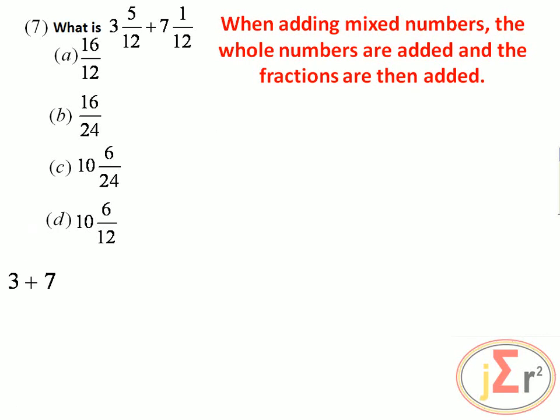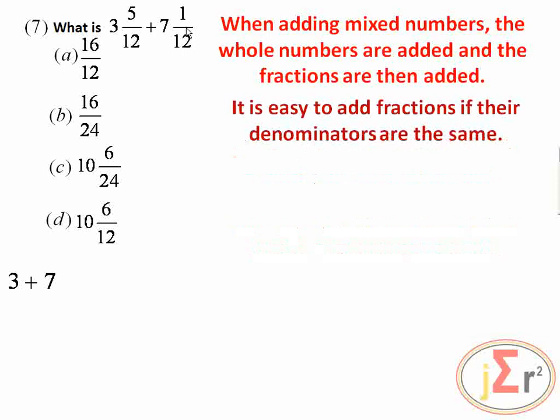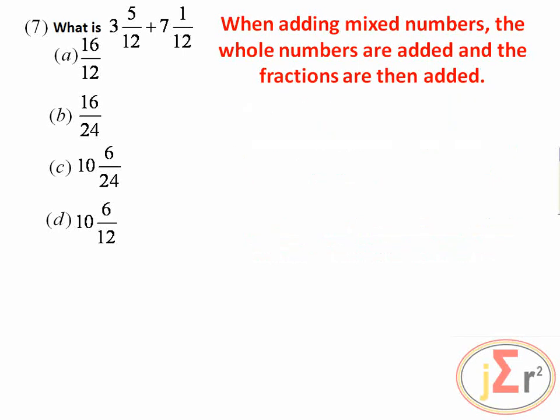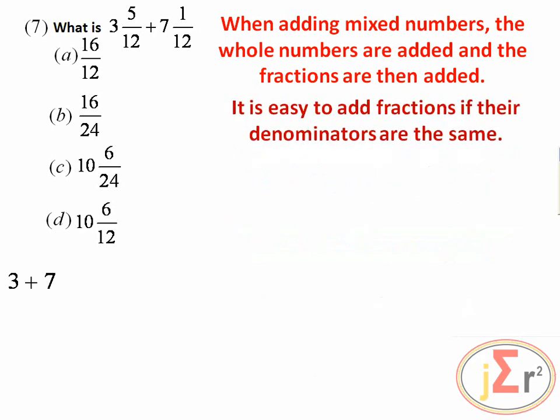So while adding, we will put the whole numbers together. And what are these called? These are the denominators of the fractions that we have there, correct? So, first of all, we add the whole numbers and we pay special attention to the denominators. It is easy to add fractions if their denominators are the same.